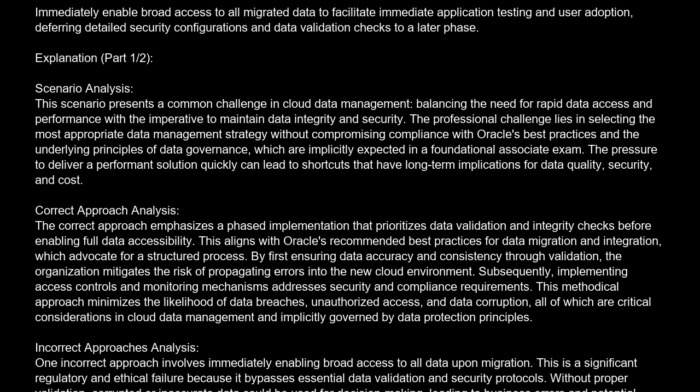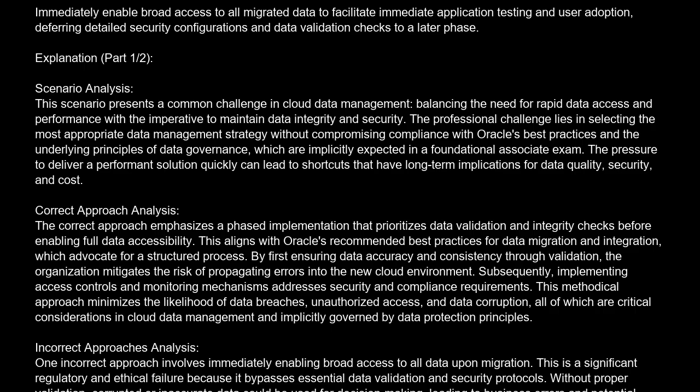Subsequently, implementing access controls and monitoring mechanisms addresses security and compliance requirements. This methodical approach minimizes the likelihood of data breaches, unauthorized access, and data corruption, all of which are critical considerations in cloud data management and implicitly governed by data protection principles.